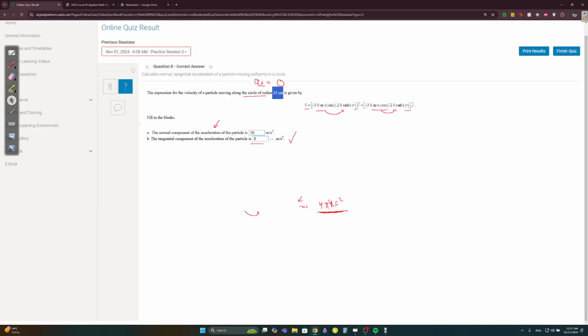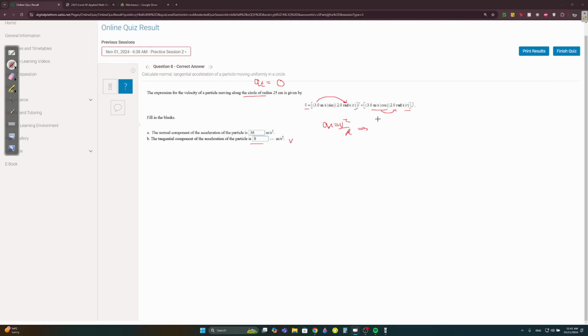So a normal for this one here, since we have the velocity and we have the radius, we're obviously gonna use a normal is equal to v squared divided by r. Okay. What is the velocity? 3 sine 2 rad t. I don't know where I stopped, but I had to go get something.